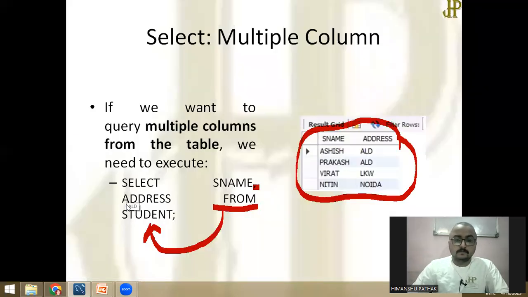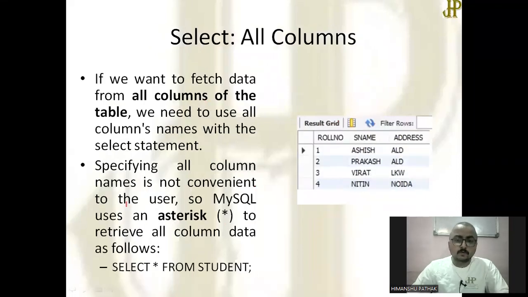Now, sometimes we need all columns. So we don't need to write each and every column name. Sometimes there is a table that has hundreds of columns. So there is a wastage of time and labor to write down all the names.